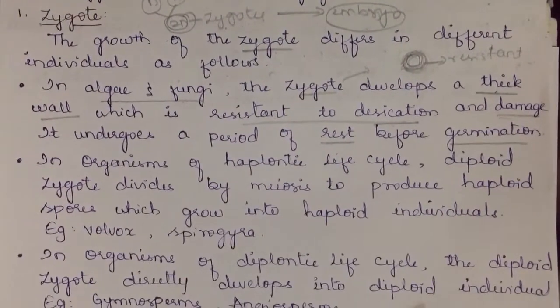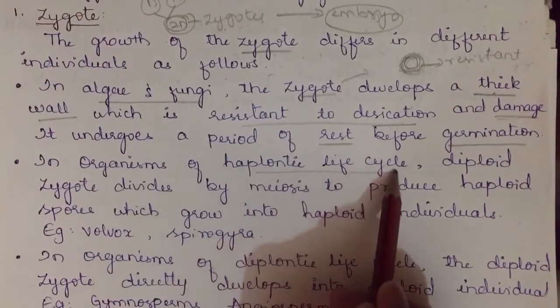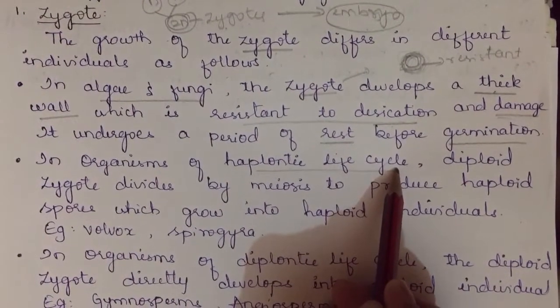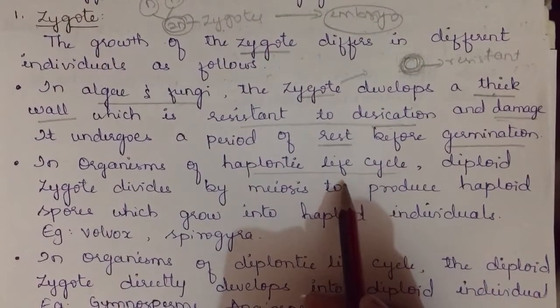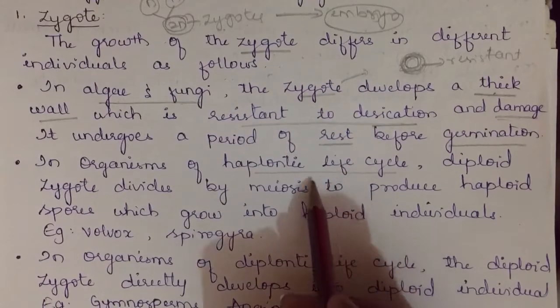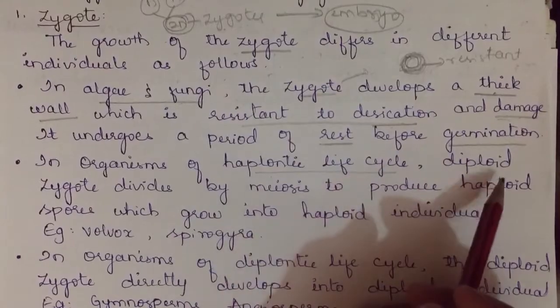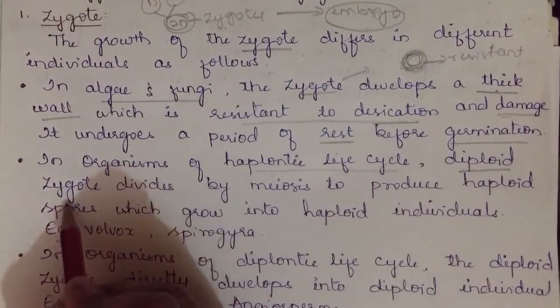Next, organisms of the haplontic life cycle. In the haplontic life cycle, the parental organism produces haploid spores, and these haploid spores continue; the major part of the life cycle is haploid. In organisms of the haplontic life cycle, the zygote is diploid.